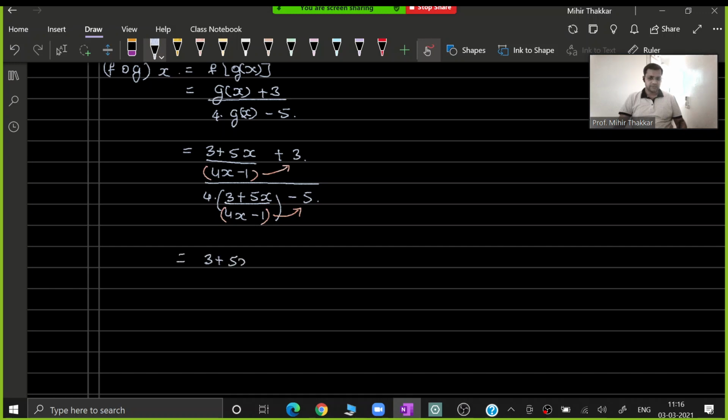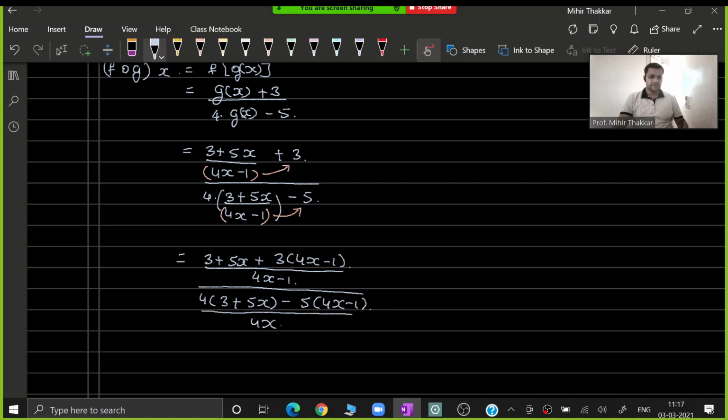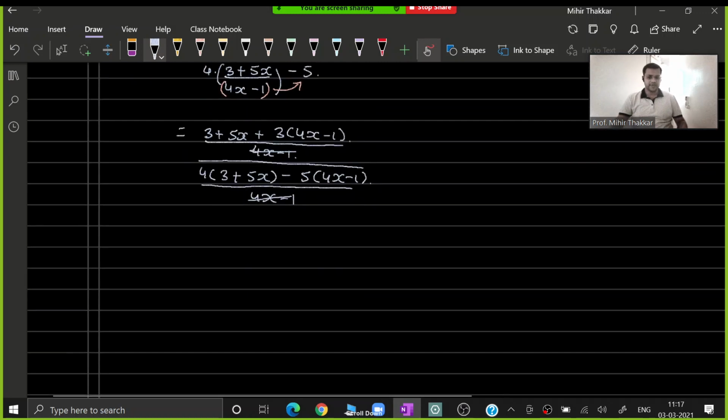So numerator: 3 plus 5x plus 3 into (4x minus 1), divided by 4x minus 1, whole upon 4 into (3 plus 5x) minus 5 into (4x minus 1), divided by 4x minus 1. So let us cancel off these both terms and open the brackets carefully.